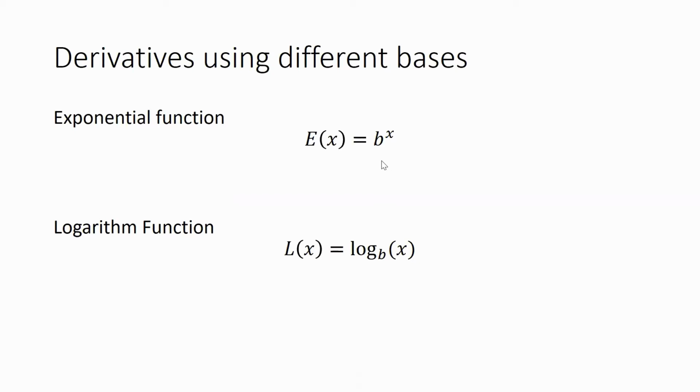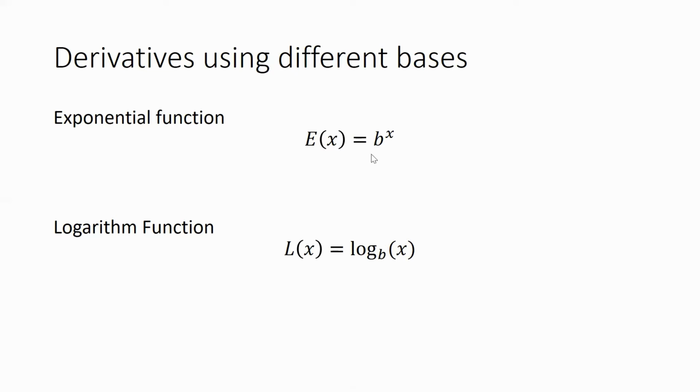What I mean by that is that we've taken an exponential function with base e, and we know how to take the derivative of that. We've taken a log function with base e, that's our natural log, and we've taken a derivative of that. So we're going to use those things in order to figure out how to take derivatives of exponential functions with a different base, let's say base b, and log functions with a different base, let's say base b.